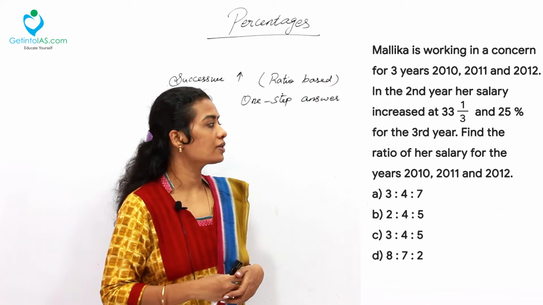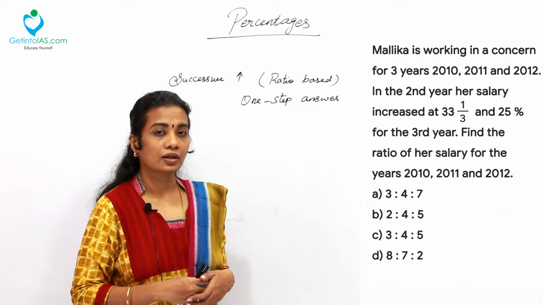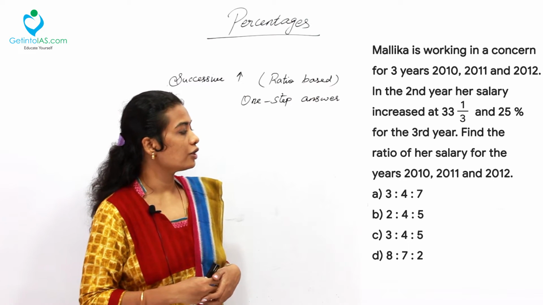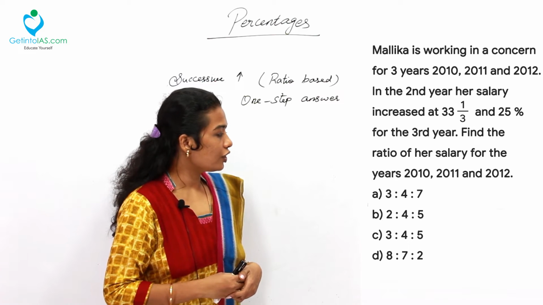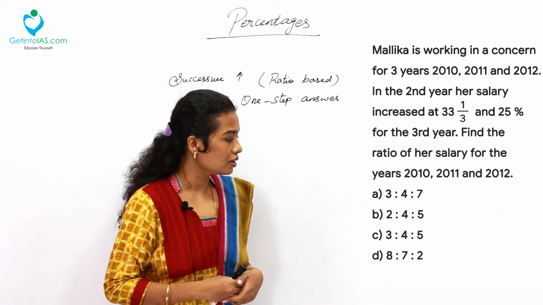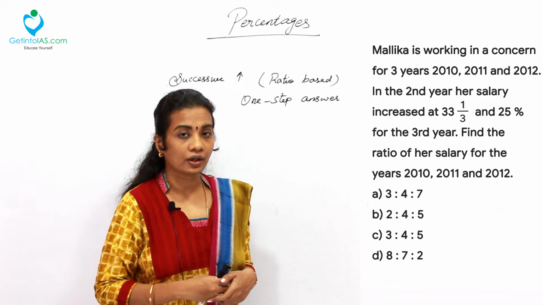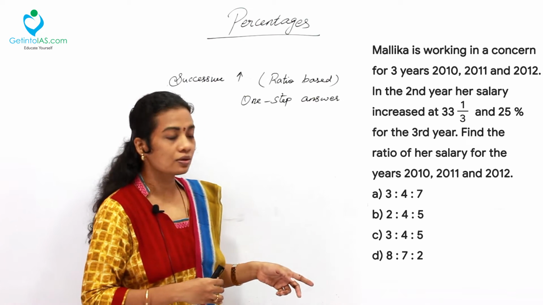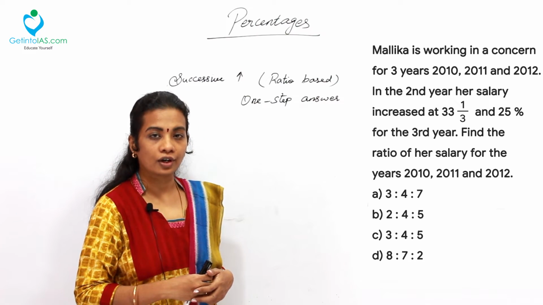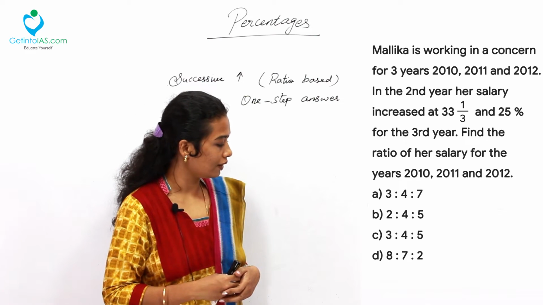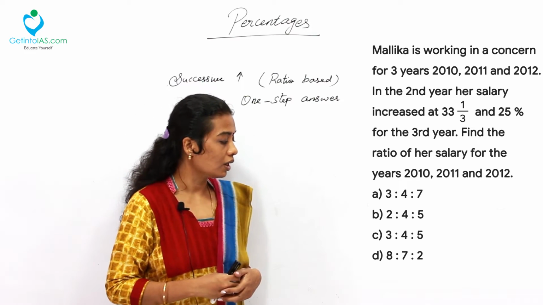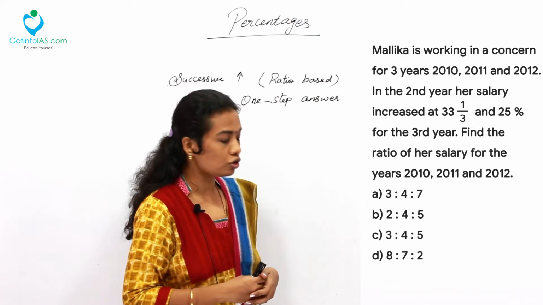In the second year, her salary increased at 33 1/3% and 25% for the third year. Find the ratio of her salary for the years 2010, 11 and 12. Your options are given in the form of ratio. Option A 3:4:7, option B 2:4:5, option C 3:4:5 and option D 8:7:2.